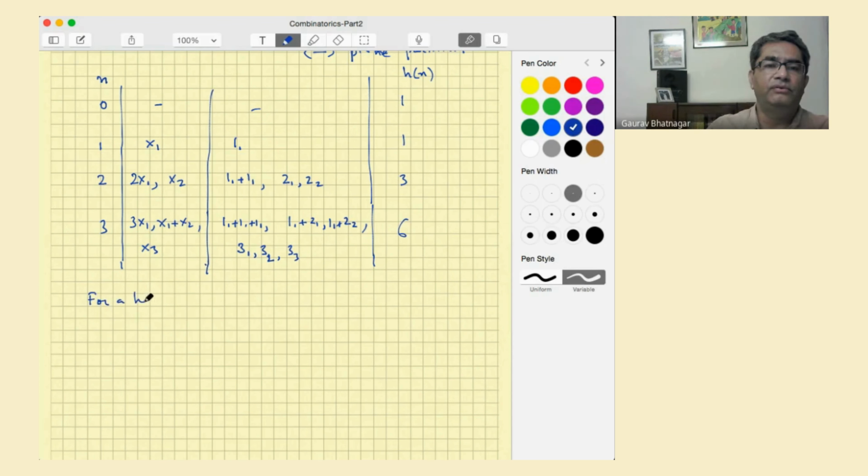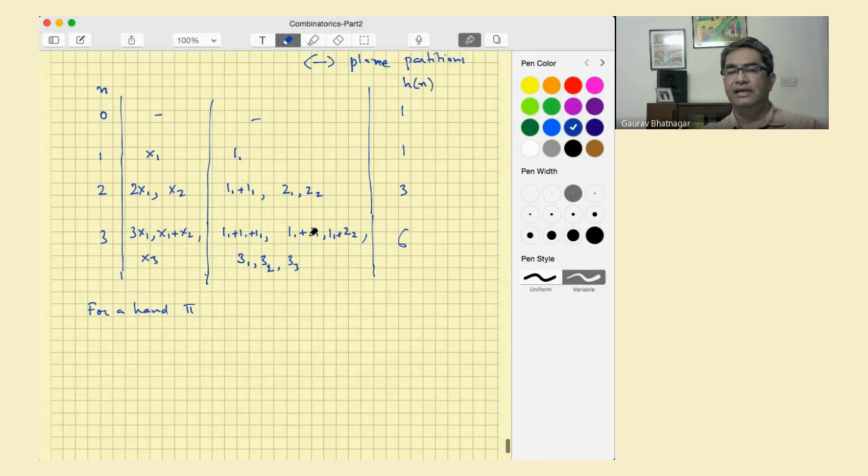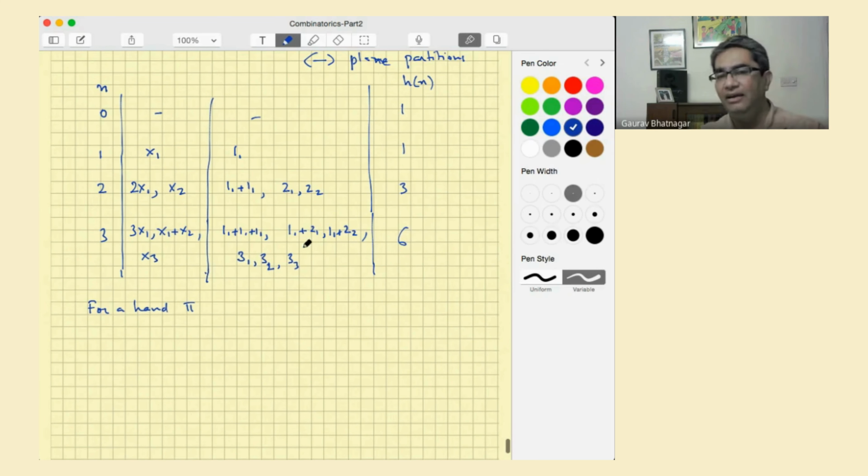Yes. So Professor, for some hand pi, so these are the hands. This is a hand, and in one hand, they're all adding. All these hands add up to 3. So they're like partitions of 3, and all these hands are made up of these cards, and cards have a color and a weight.